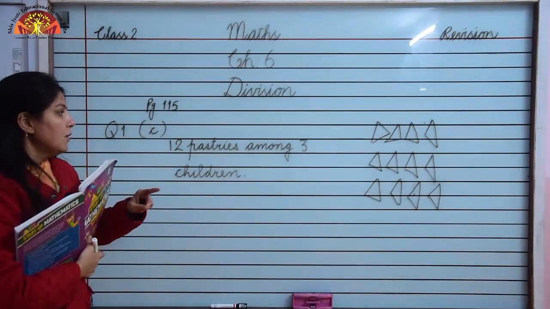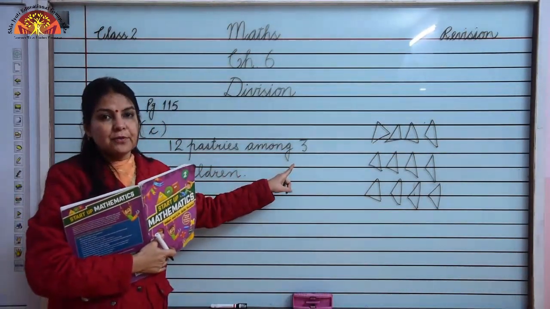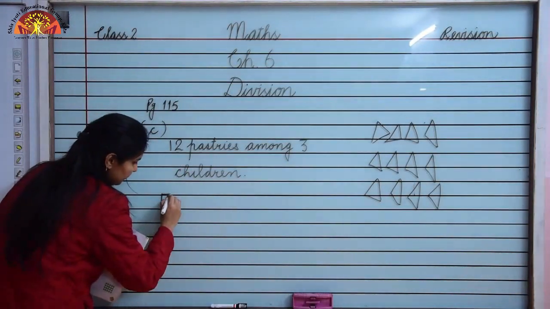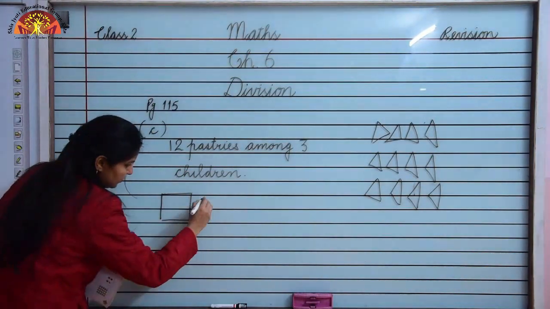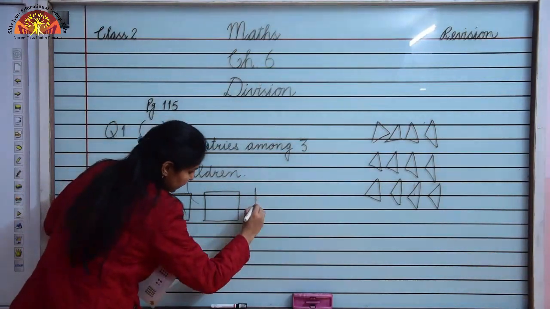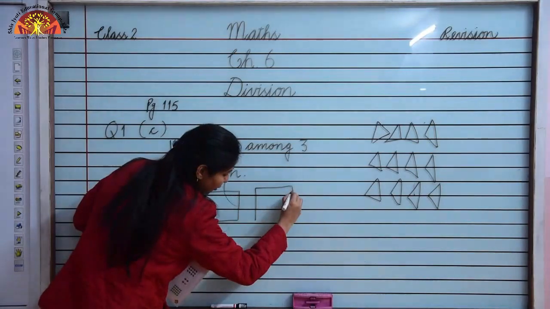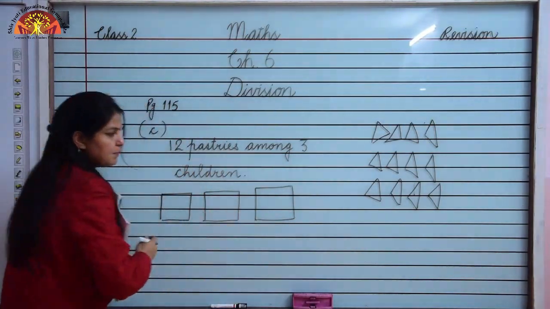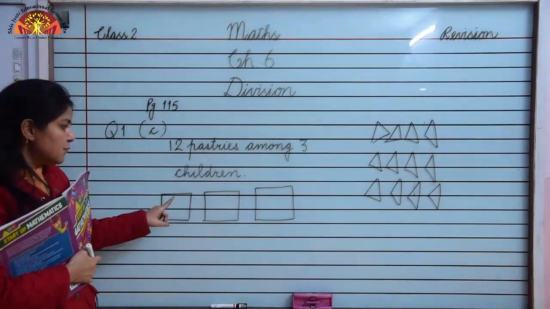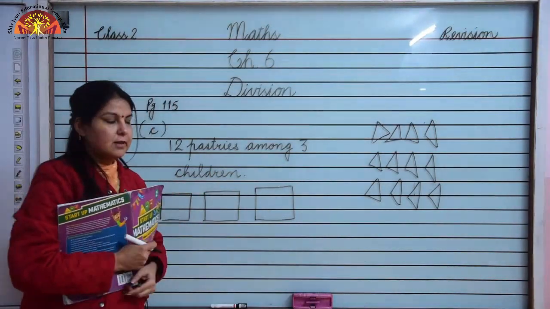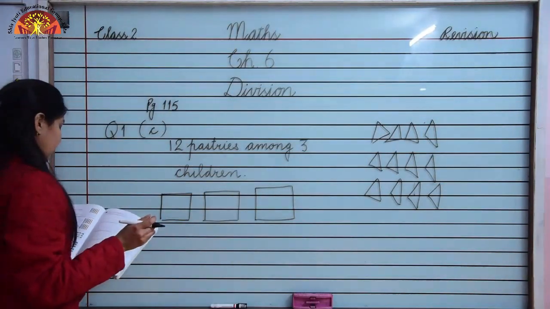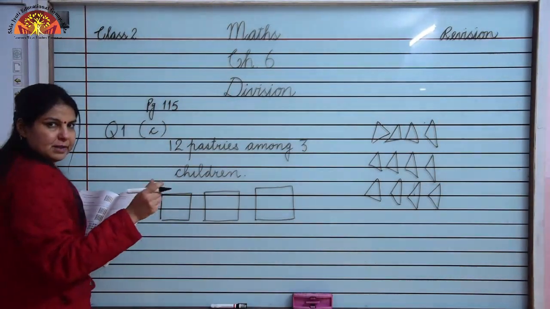Okay children, for 3 children, we will draw 3 boxes here. 1, 2, 3. Because we want to distribute all these pastries among these 3 children. So each box denotes 1 child. Now what will we do? We will draw a circle in a box for the pastries.